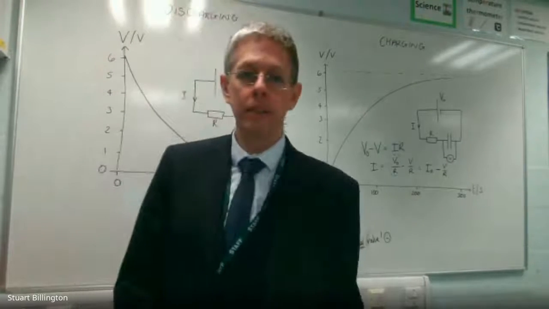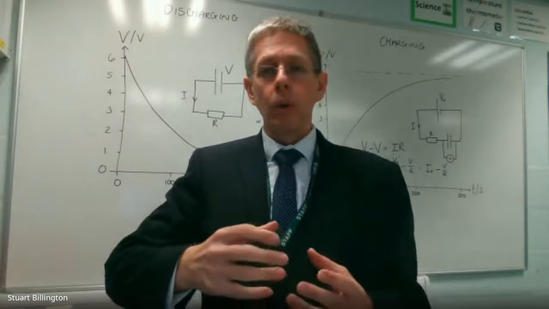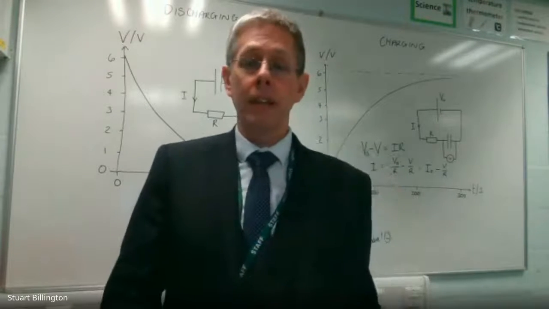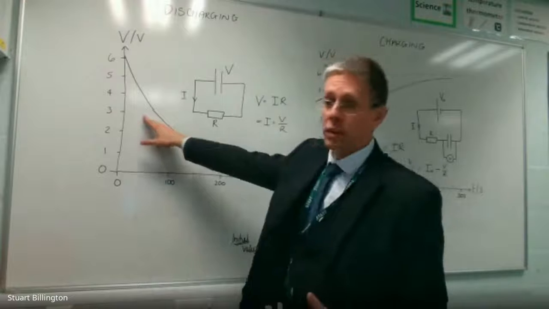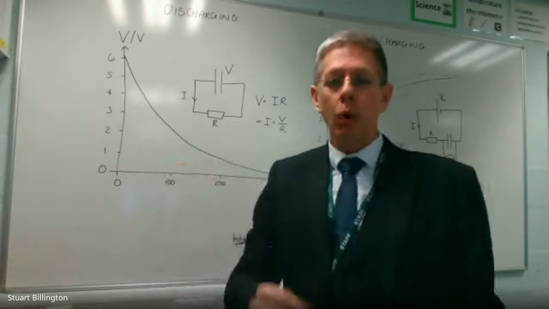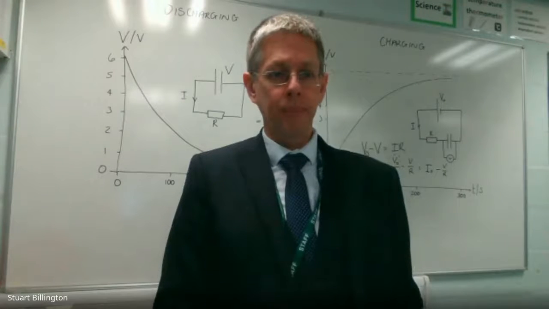Could you please look into that for next lesson? Could you please just make sure that you have an understanding of why we can use the word exponential with regard to this graph, and what data would you pluck from the graph to prove it.